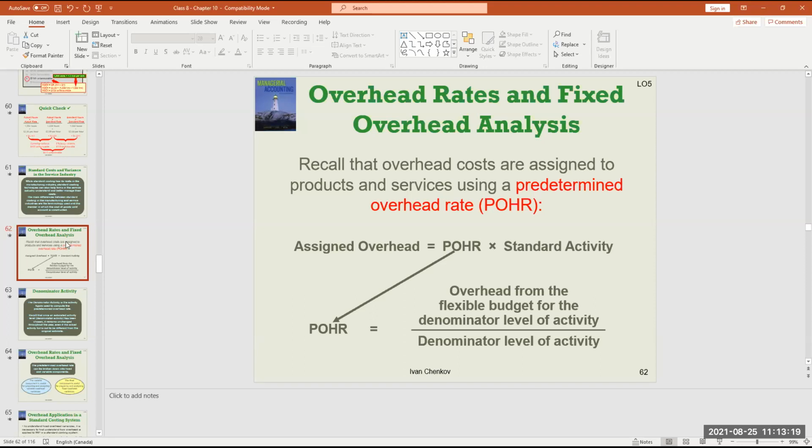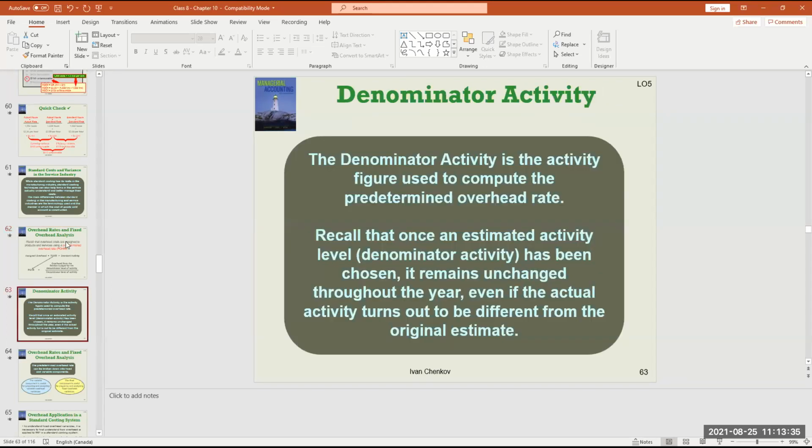And then as a denominator, we have the cost allocation base, an estimation for that allocation base for the same period to which the costs are related. And that's how we come up with the predetermined manufacturing overhead rate. Once we have it, we start applying the manufacturing overhead based on the actual usage of the allocation base.